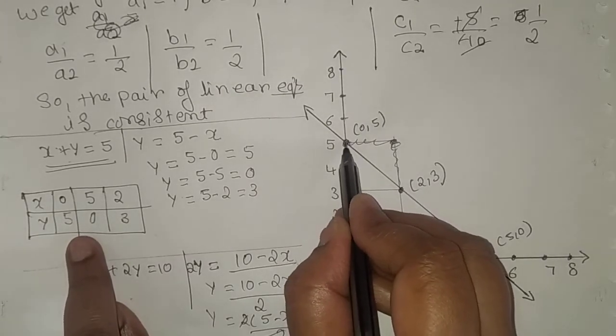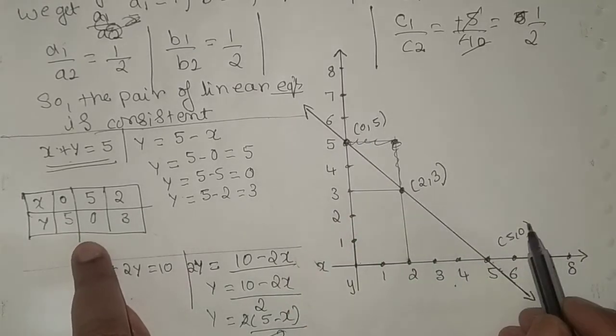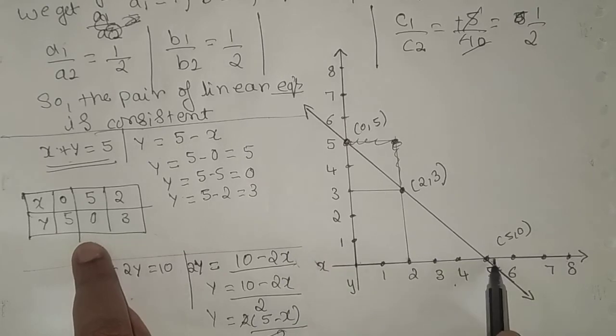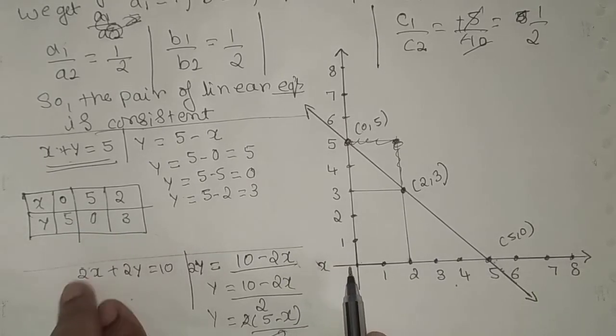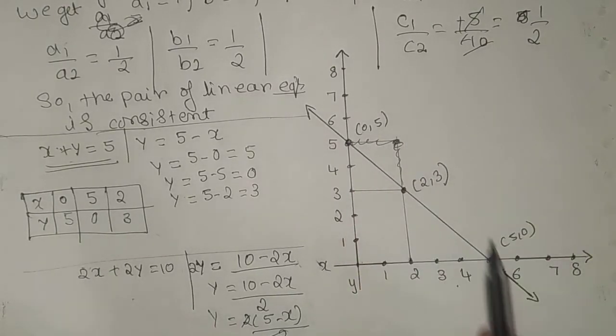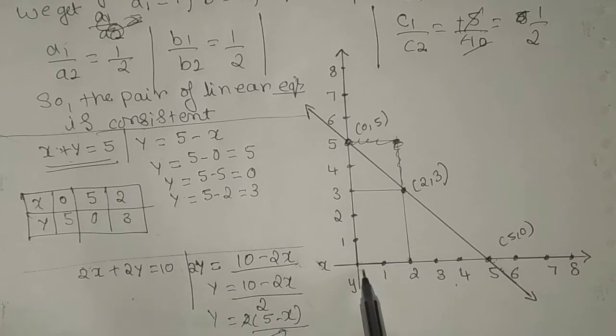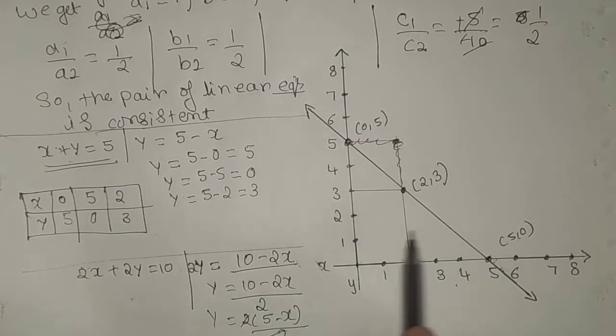Mark here on this line, 0 and 5. Then next, y is 0, x is 5. This is the point. We got the two points here and here.